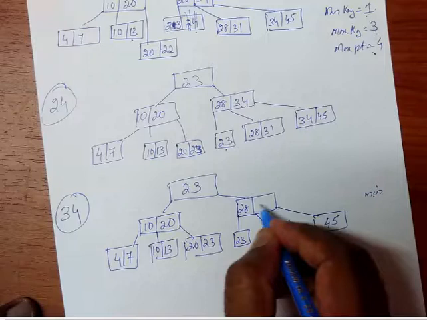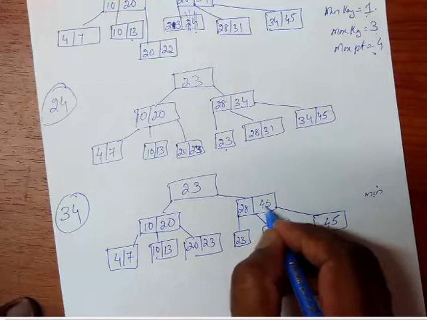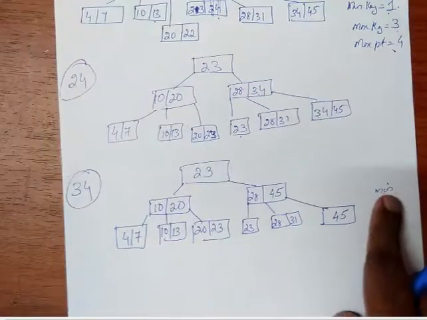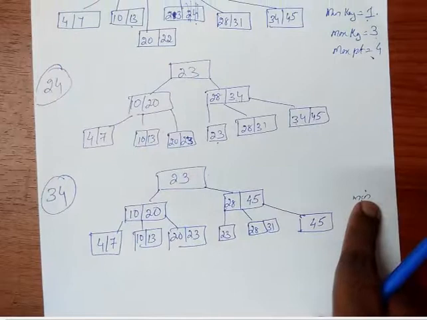The position of 34 has a right subtree which consists of only a single element, 45. So 45 is the minimum value in the right subtree of 34, and you have to place that value in the place of 34. Then again you have to look for 34 somewhere else, but it is not here.